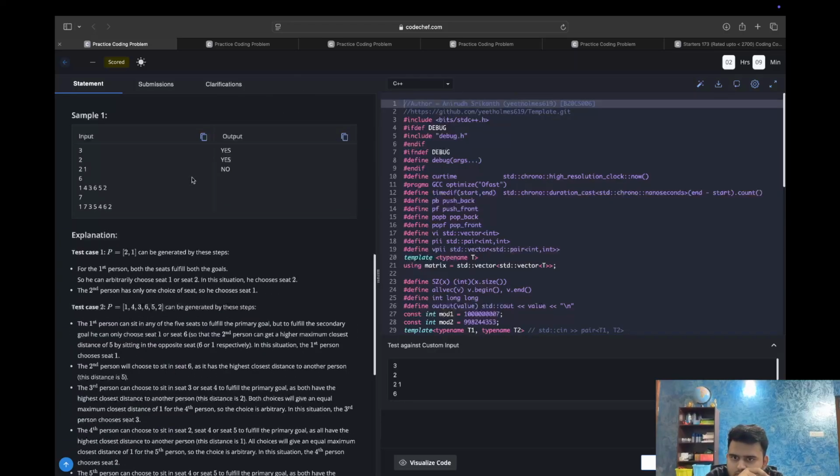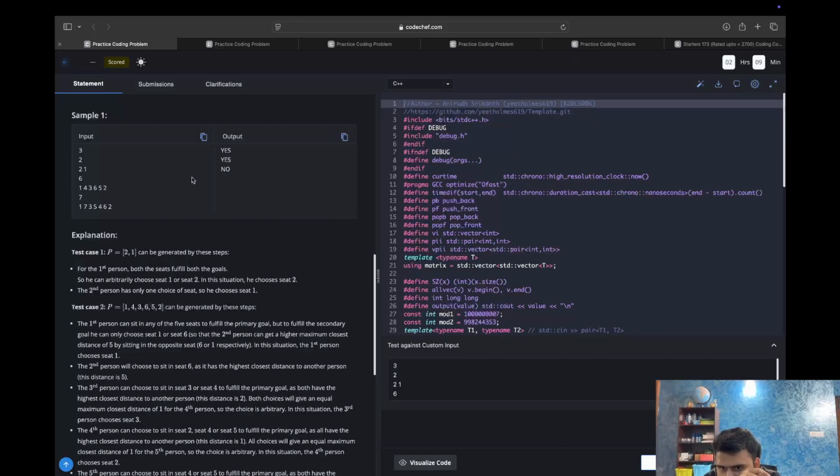In example 2-1, the first one, both goals are satisfied, you can choose 1 or 2. So perfect, that works. Next, 1 4 6 1 4 3 6 5 2. The first person has to choose an end. Yeah, he has to choose the end. The second person has to choose the other end. Third person, does he have to choose that?